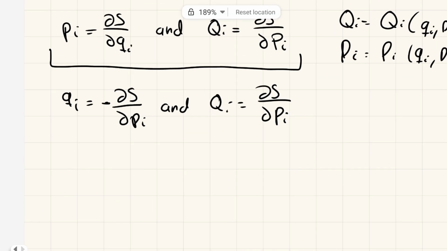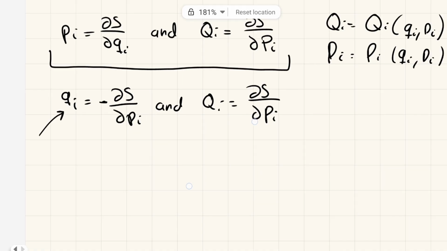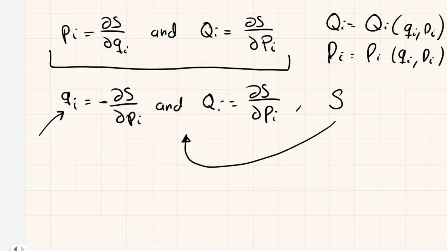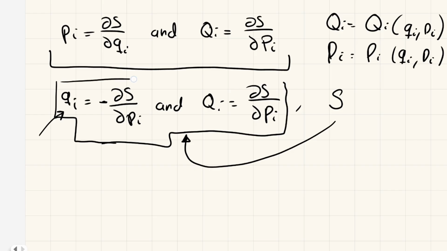Notice that in this one we were calculating the conjugate momenta, and now we are calculating the generalized coordinates Q. So we are going to consider that our new generating function S satisfies these two equations to see that the Hamilton-Jacobi equation is going to take a different form.